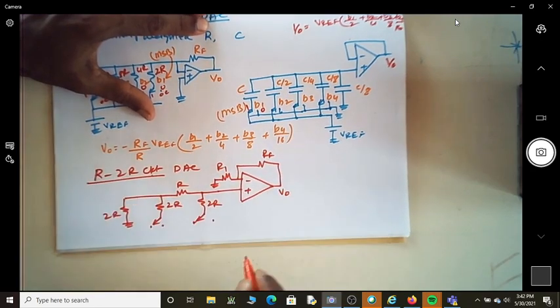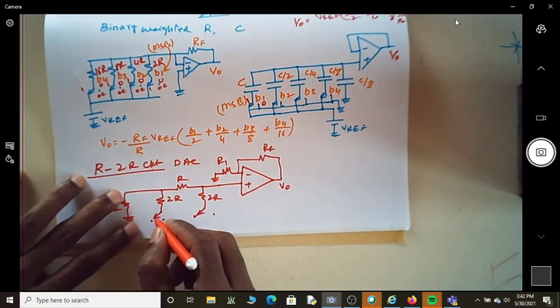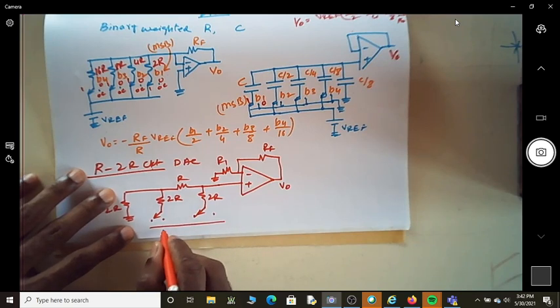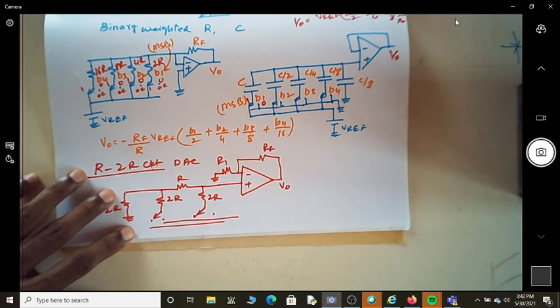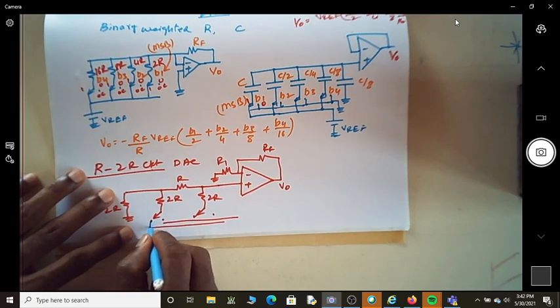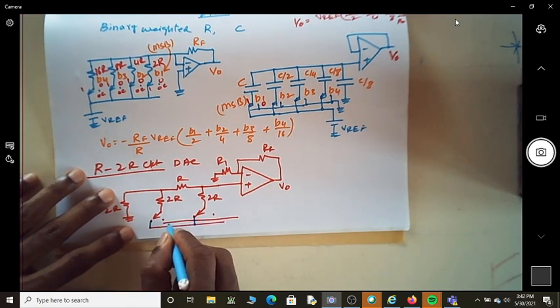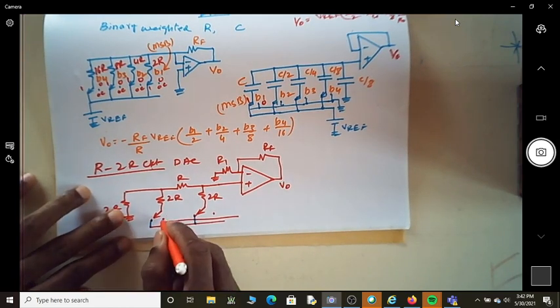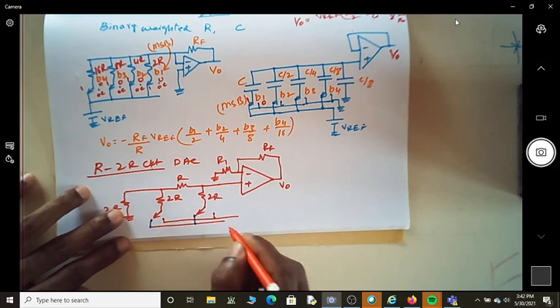So this is V0. So here I have again 2 possible positions. Let me consider this as one and this as the other one. So let me connect this to this, connect this to this, and let me connect this to this, and this is connected here.